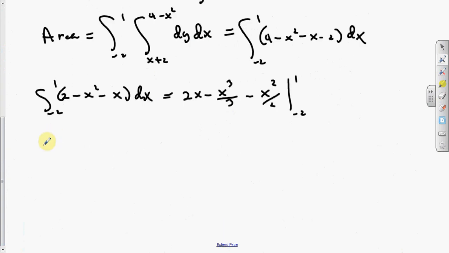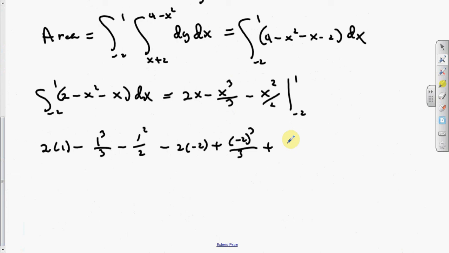So we evaluate at 1, we get 2 times 1 minus 1 to the third over 3 minus 1 to the second over 2. Then minus 2 times negative 2, minus this, is plus negative 2 to the third over 3 plus negative 2 squared over 2.